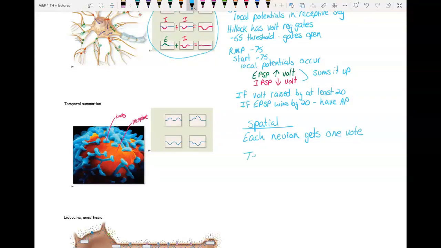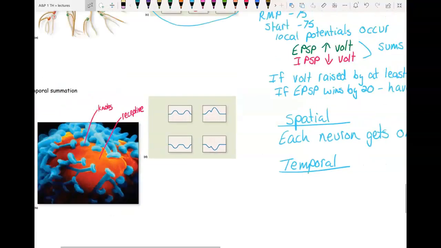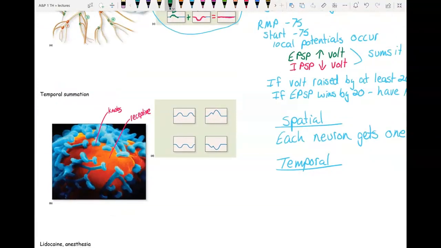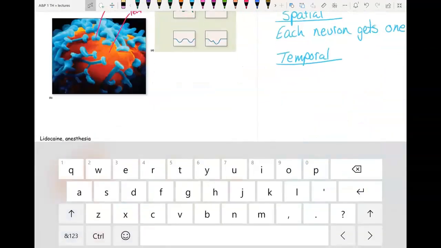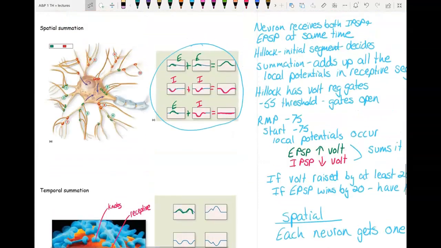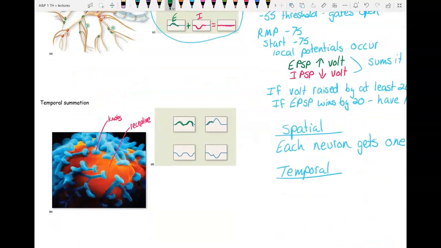In temporal, some neurons get to vote more than once. So you can see here, you have the two rises. Notice on the graphs up here for spatial, there was just one rise in each box. Here you have two rises in each box, and they build on each other. Down here, you have two dips in the box, and they build on each other.